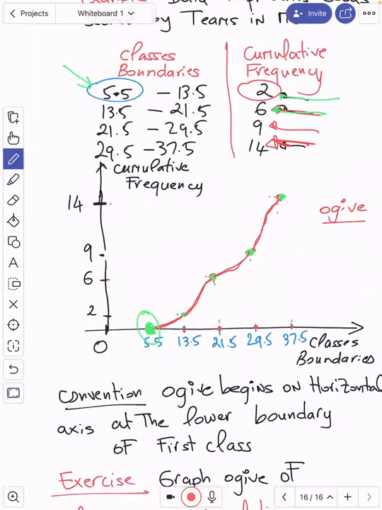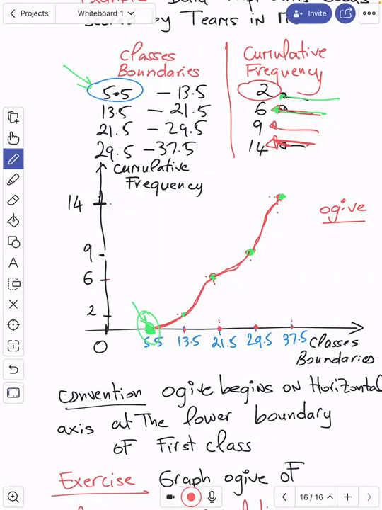So the first point is going to be on the horizontal axis at this lower boundary. You always start from there, from the lower boundary of the first class.